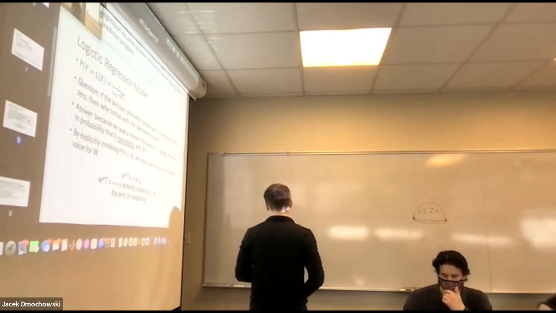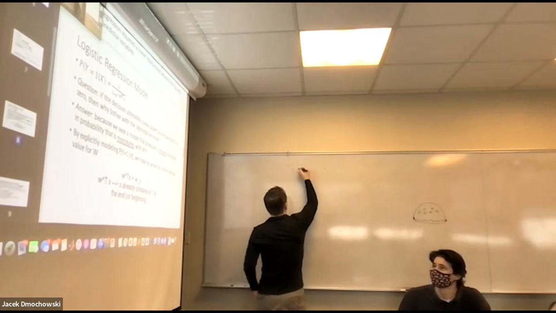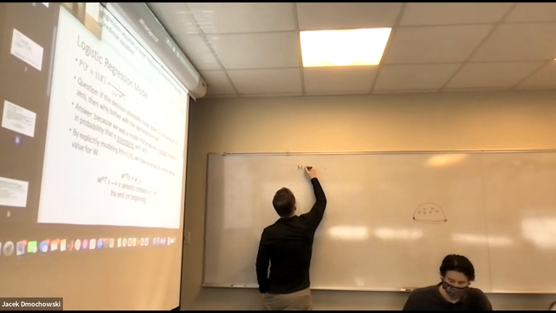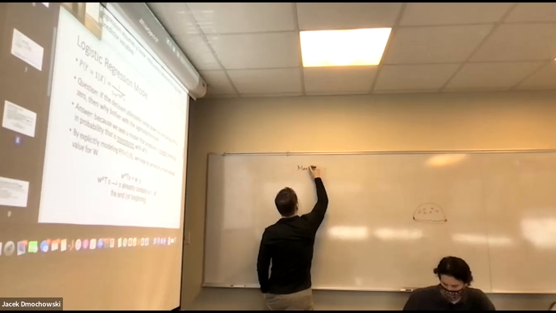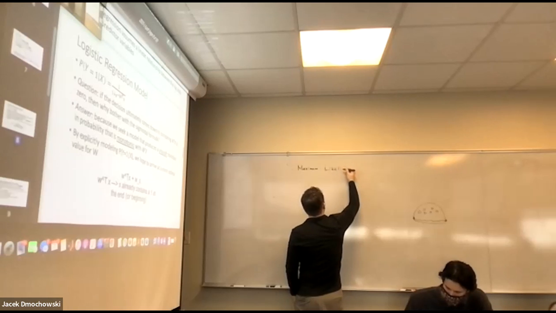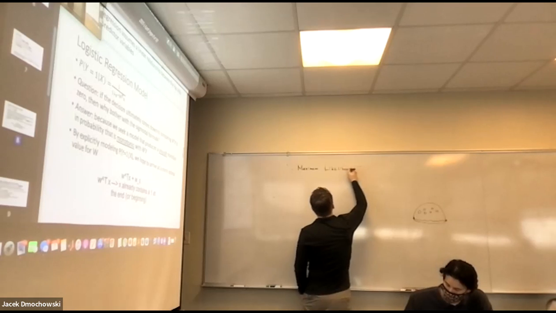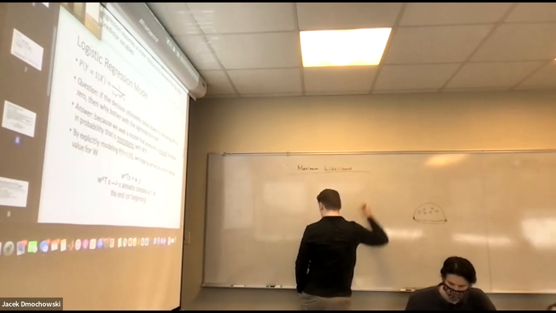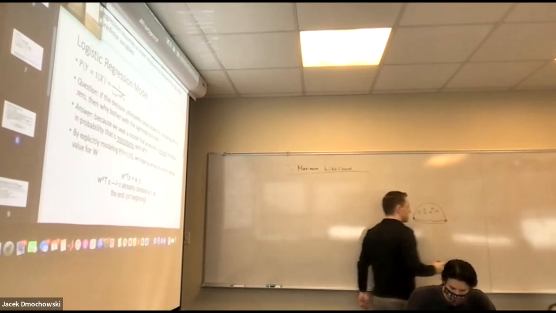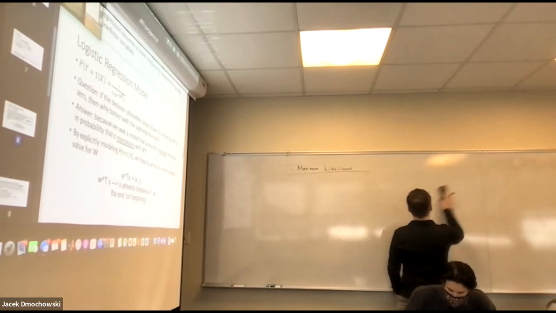So what I want to cover today is maximum likelihood, because it's pretty widely used in machine learning, but it's kind of a foundational statistical concept, and it's actually not as difficult to understand as I definitely thought when I first encountered it.